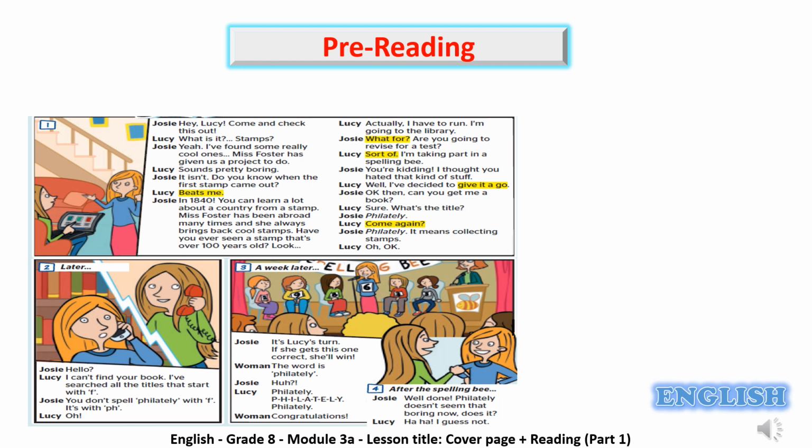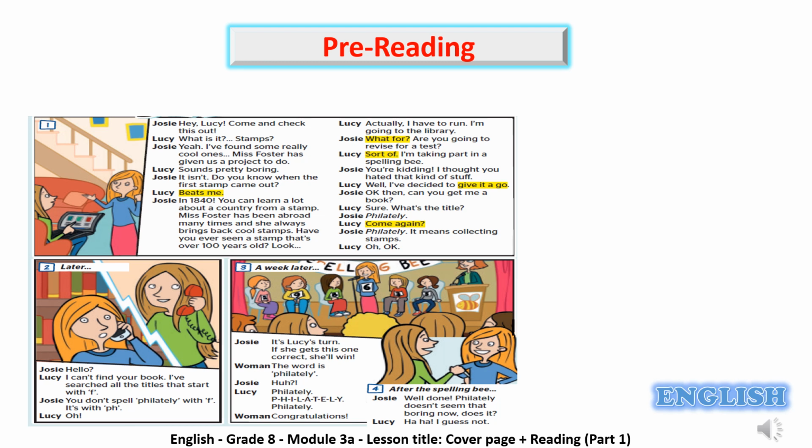Later. Hello? I can't find your book. I've searched all the titles that start with F. You don't spell philately with F. It's with PH. Oh. A week later. It's Lucy's turn. If she gets this one correct, she'll win.